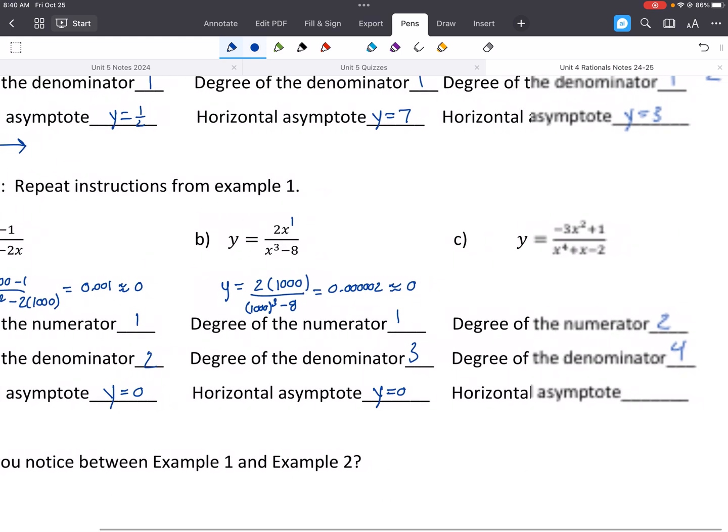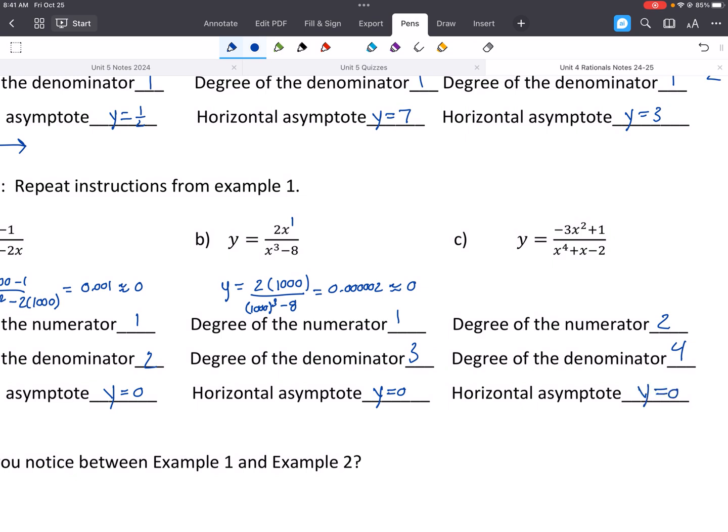Okay, without even doing the next example, what do you think the horizontal asymptote would be? You're right, it would just be y equals 0. If the degree of the numerator is smaller than the degree of the denominator, then the denominator takes over.